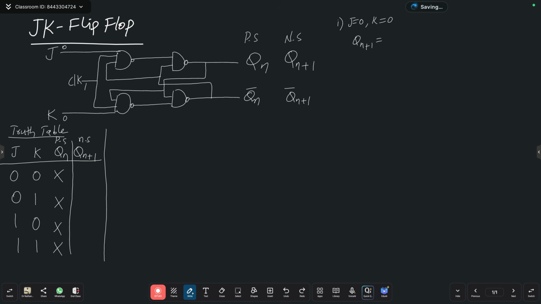Correct. Clock always represents 1. Because the clock must be in the same pulse. Means both complement and direct, same pulse. So in a latch it is a different pulse. That is why the behavior is different. If it is 0, it will produce 1. That is why we are not considering the clock in latches. That difference you should remember always.